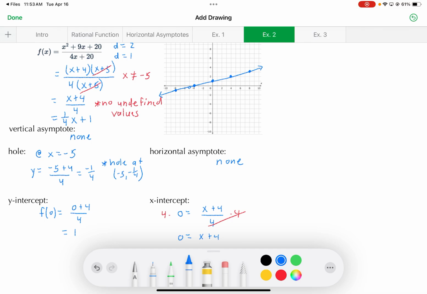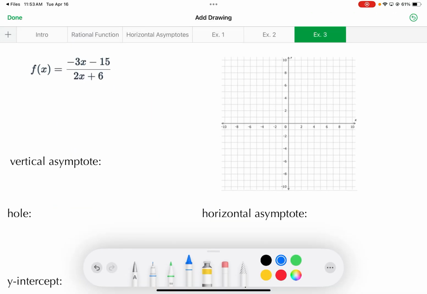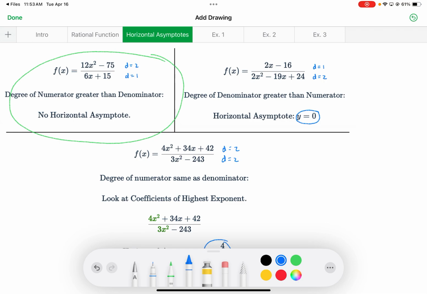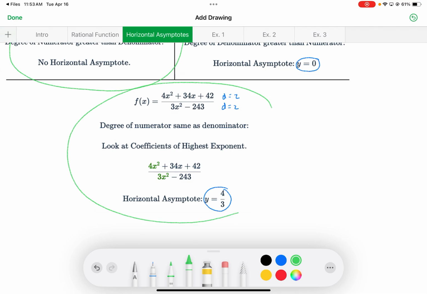All right, now the final example, this one ends up working out a lot like example 1. Okay, let's start with degrees again. Degree of the numerator is 1. Degree of the denominator is also 1. Those are equivalent. Go back and look at your asymptote rules. We are now in the bottom situation right here, where the degrees are equal.